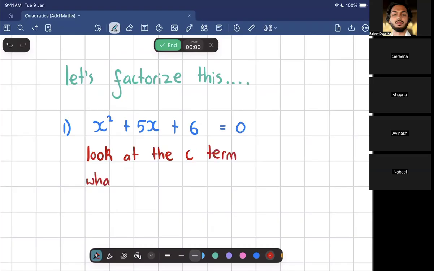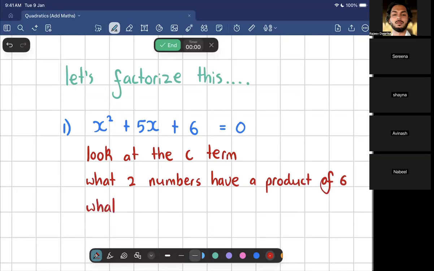What two numbers have a product of 6? And then the other question they're going to ask is, what two numbers also have a sum of 5?